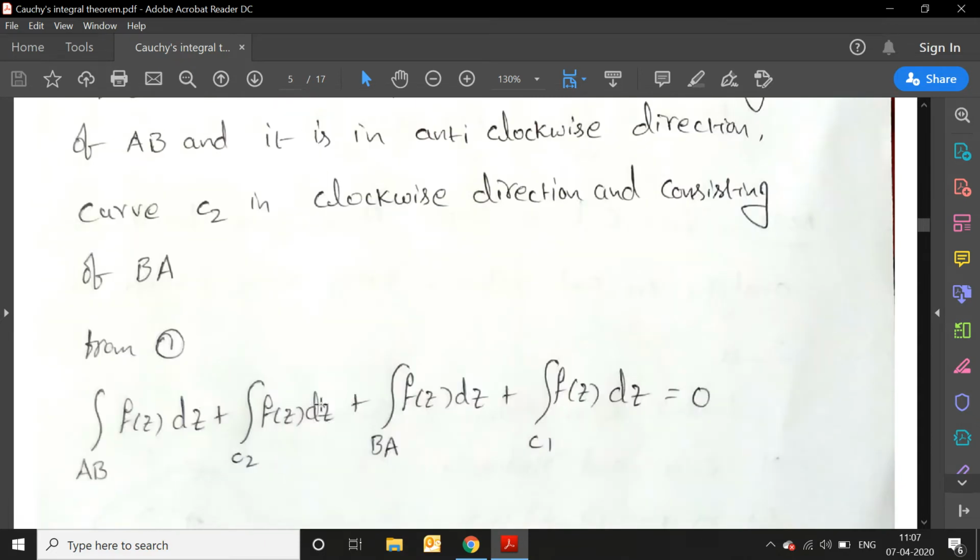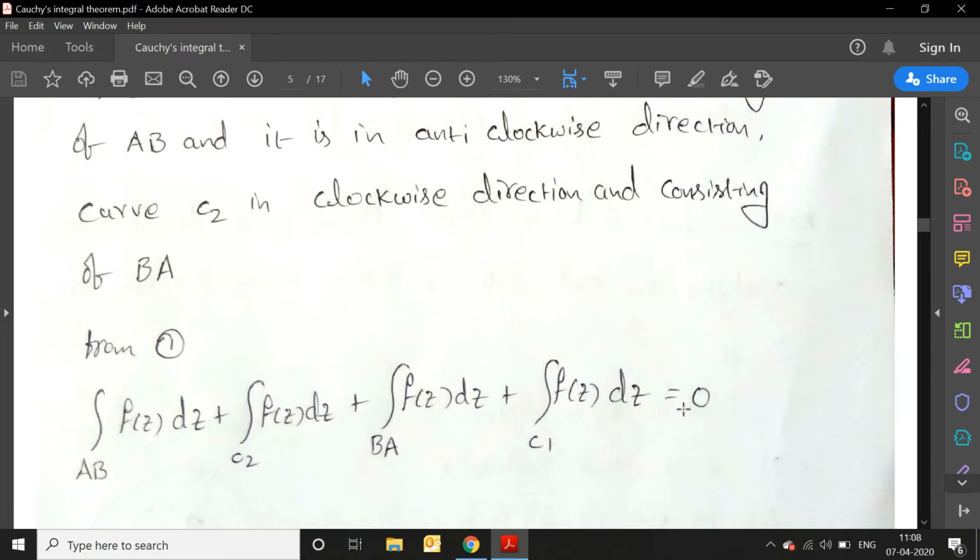From equation 1, our curve C is divided into 4 parts. The integral over AB of f of z dz, plus the integral over C2 of f of z dz, plus the integral over BA of f of z dz, plus the integral over C1 of f of z dz, is equal to 0.